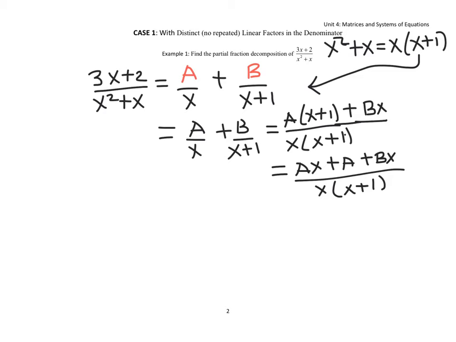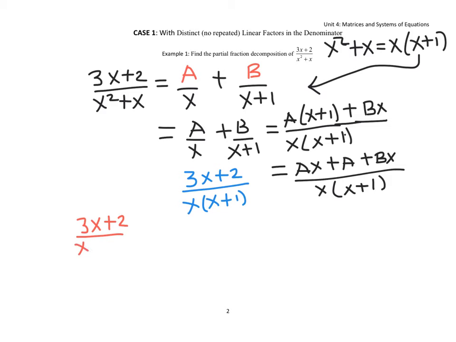So now check what I'm going to do now. I'm going to take the original fraction and write it here. So 3x plus 2 over, see, this is x squared plus x, or just x times x plus 1. It's the same thing. And what I'm going to do in the next step, I'll write over here because I have more space here. 3x plus 2.